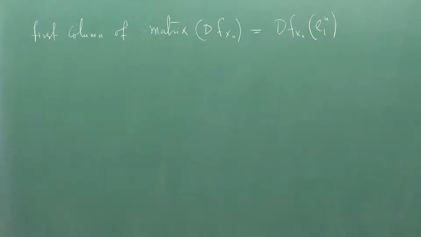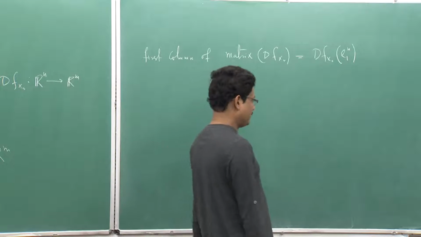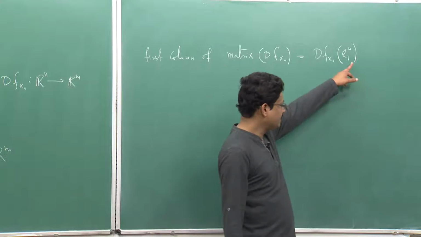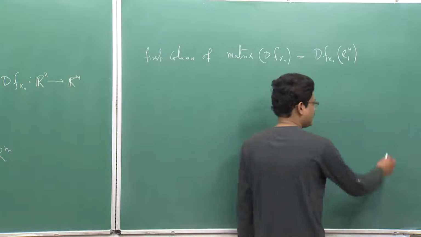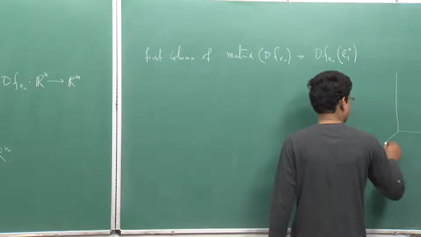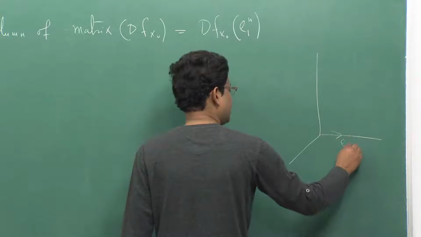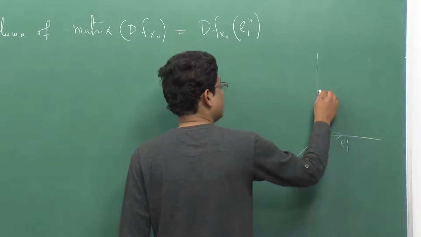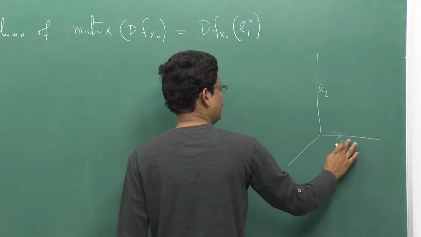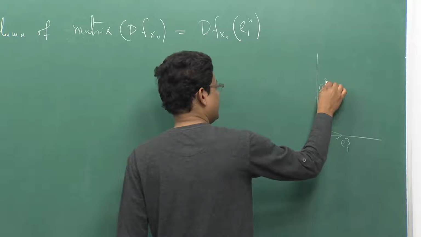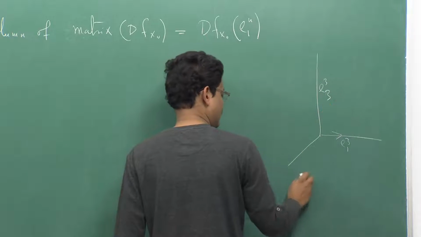If you recall the calculation, this is what we have, but we have already proved that e1 n is a direction in Rn, right. For instance, if I have R3, this is the direction e1 3, e2 3, e3 3.